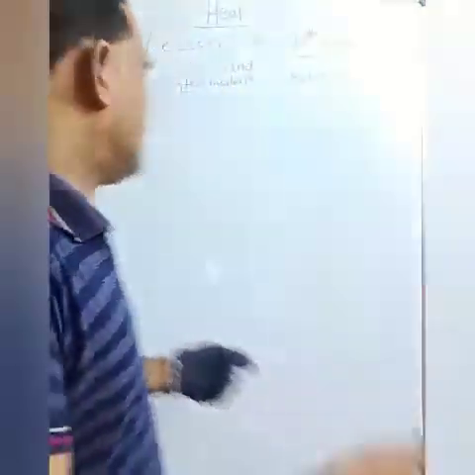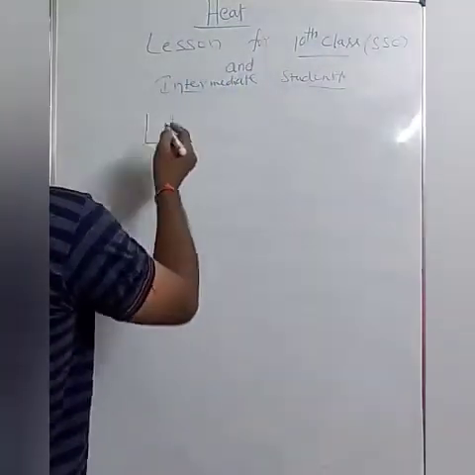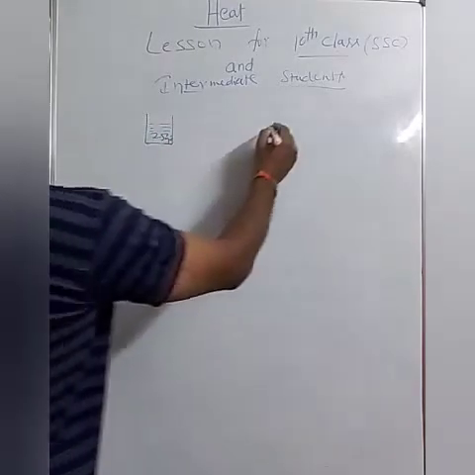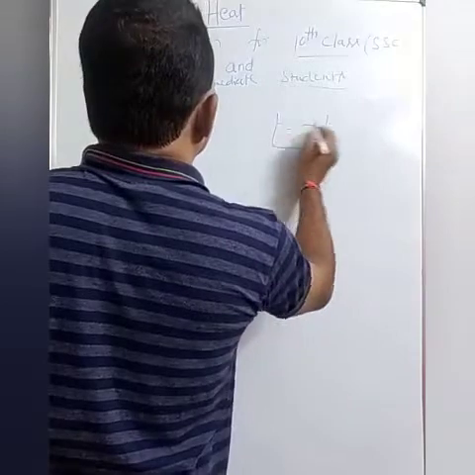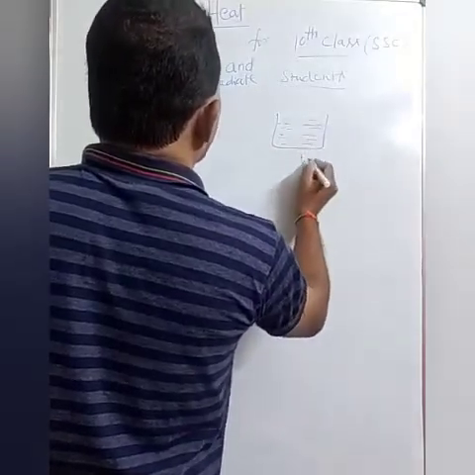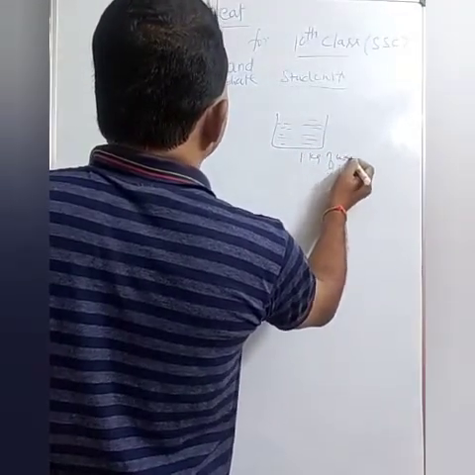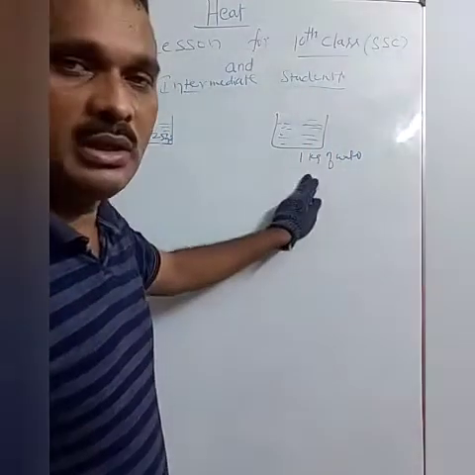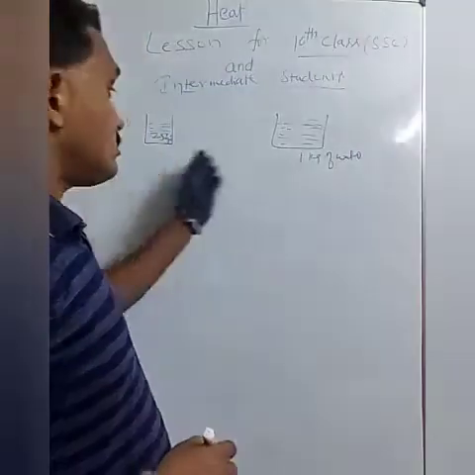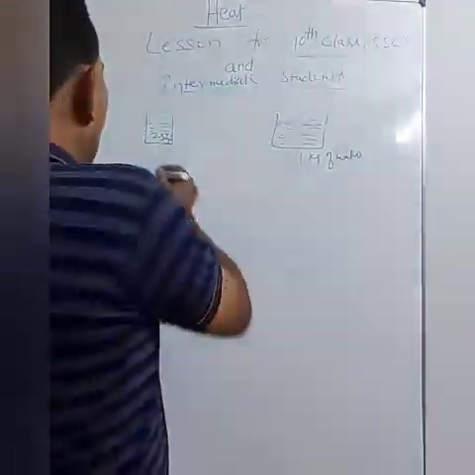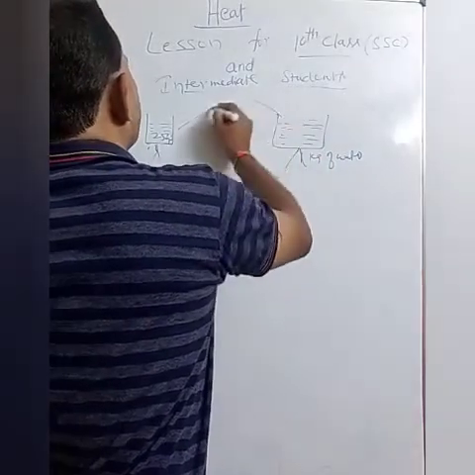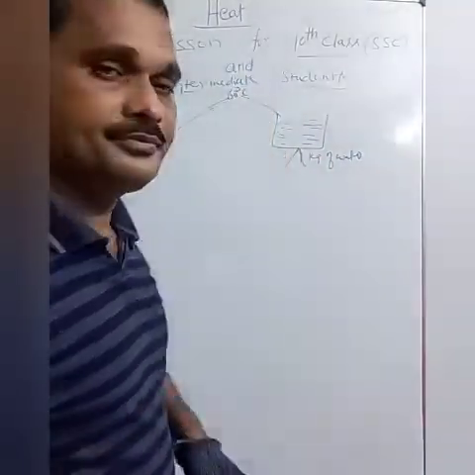First consider two beakers, one with 250 grams of water, another with 1 kg of water. So this mass is less and this mass is more. Both beakers are heated, and we want to reach 60 degrees temperature.